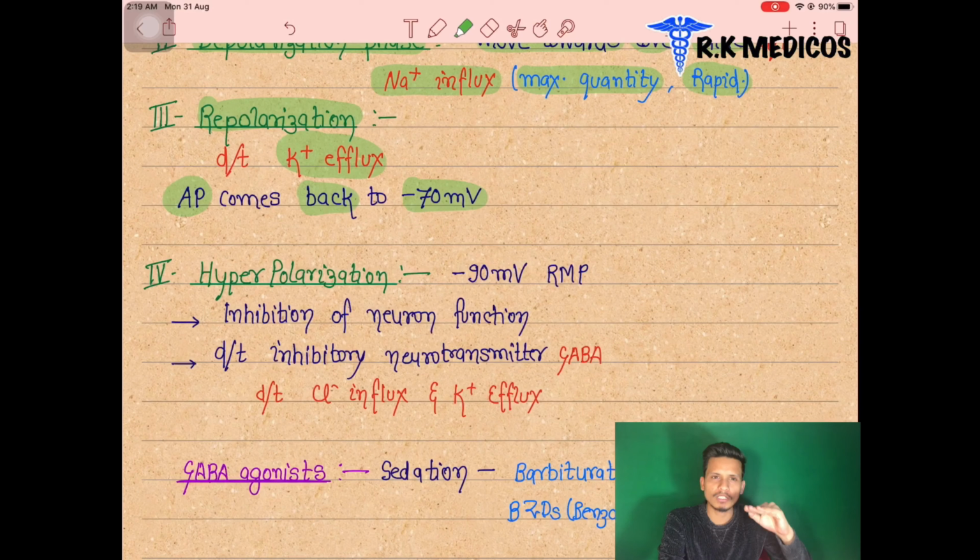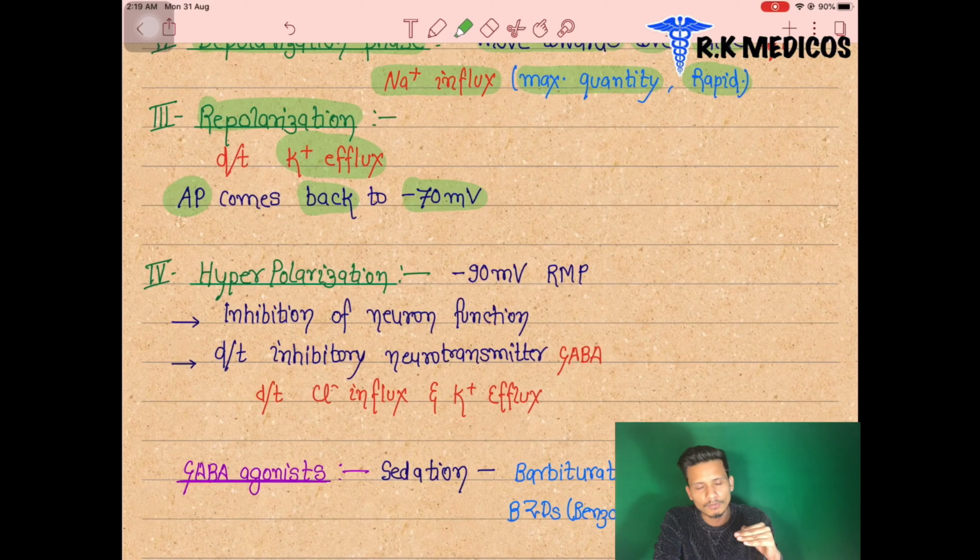Minus 70 millivolt is the resting membrane potential of the neuron. They come again to minus 70 millivolt, and then the cell's potential goes even further below minus 70 millivolt.